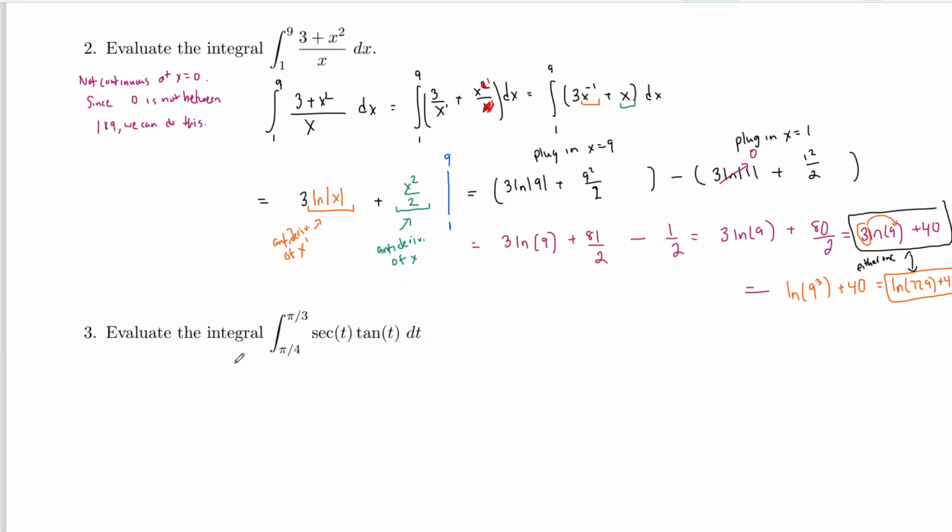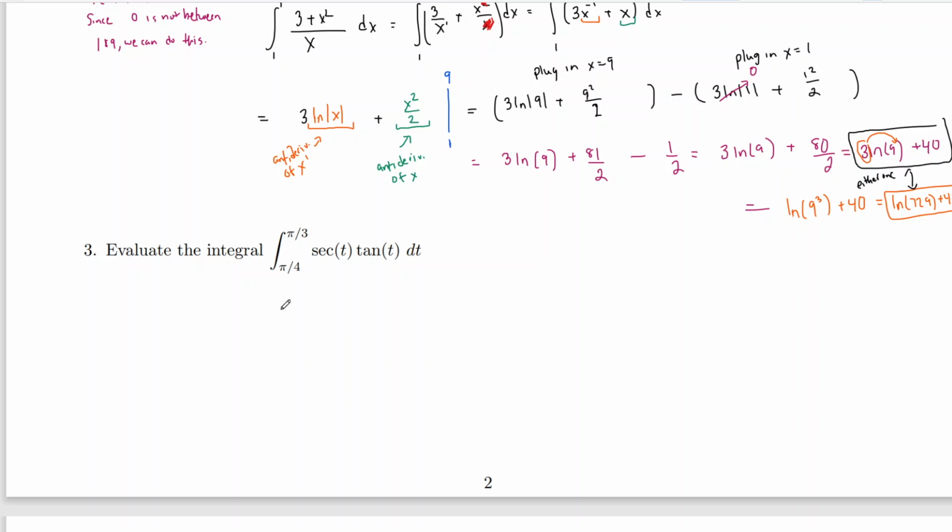So you should be continuous on your integral from pi over 4 to pi over 3. But all the trig functions besides sine and cosine have points of discontinuity. Luckily for us, secant of t times tangent of t is continuous on the interval pi over 4 to pi over 3.